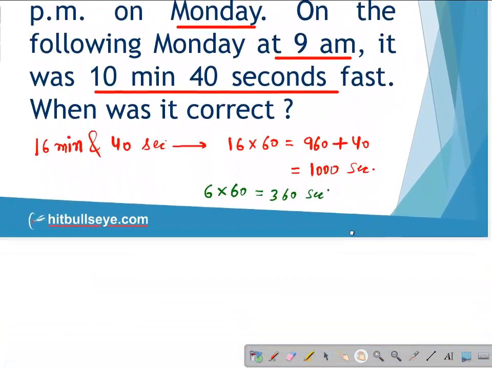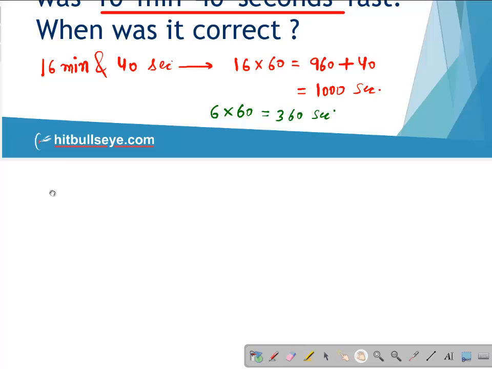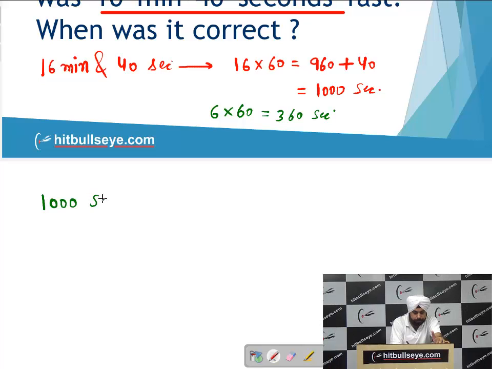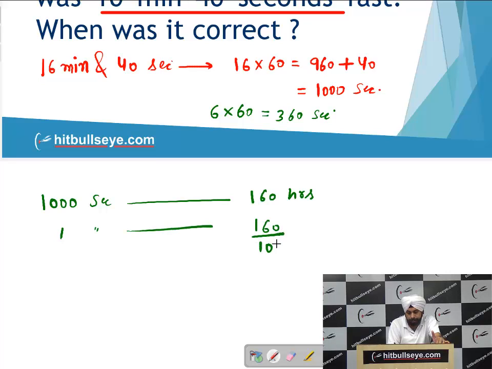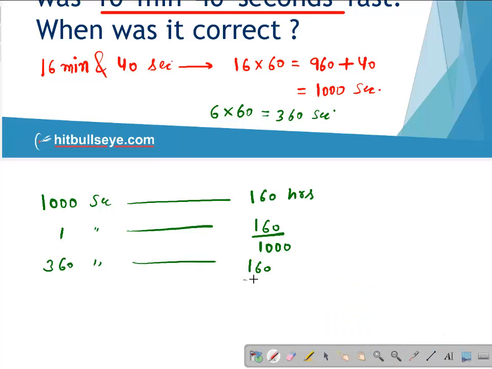Now students, again you can apply chain rule that the watch gains 1000 seconds in 160 hours. It will gain 1 second in 160 by 1000 hours, and it will gain 360 seconds in 160 by 1000 into 360 hours.